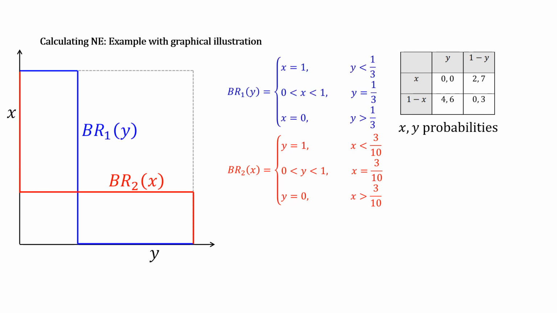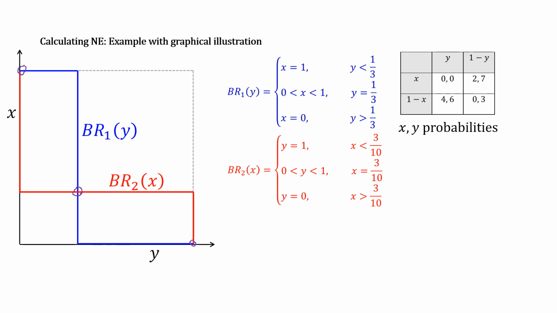Now we superimpose the two best responses. And we know that at Nash equilibrium, pure or mixed, each agent is playing its best response. So there are, in fact, 3 points of intersection, this, this, and this.